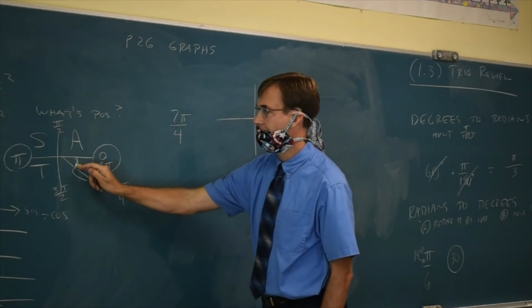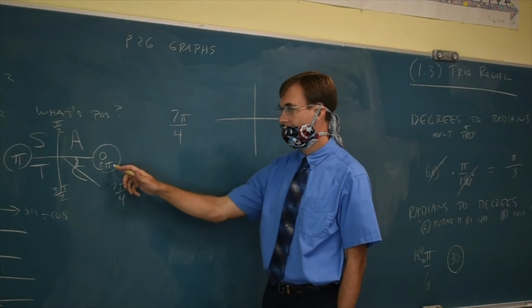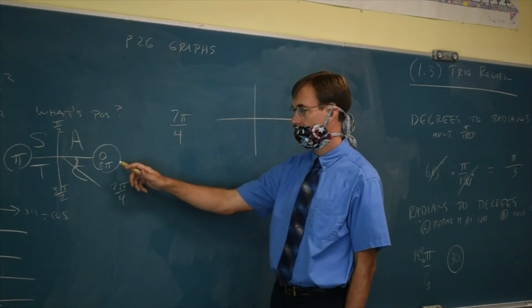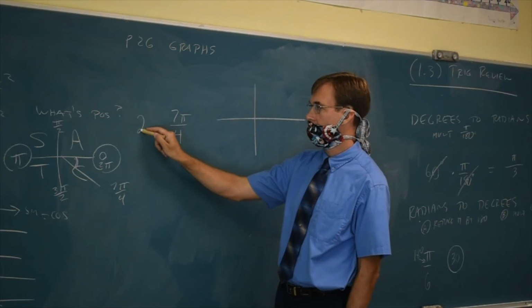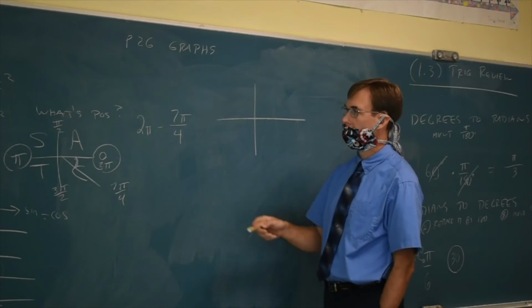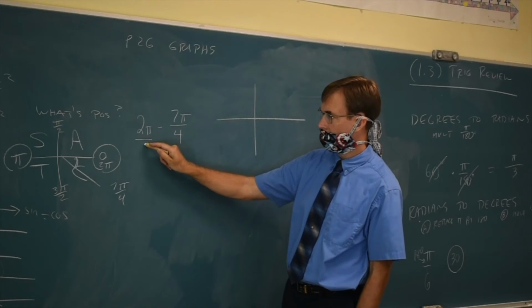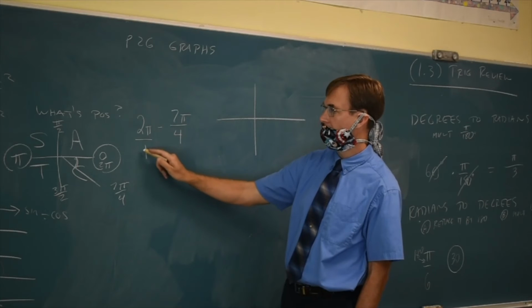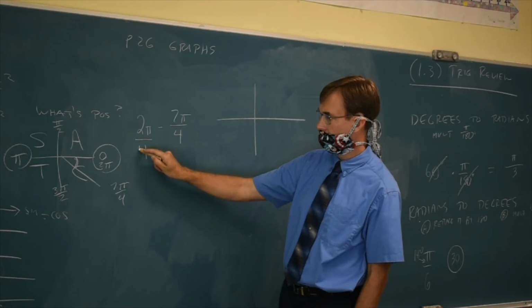And we want to figure out what the reference angle is. How do we figure out what the reference angle is with those? Would it be the difference? We do the difference. So we go 2 pi minus that. This is like it's over 1, but you want it to be over 4.